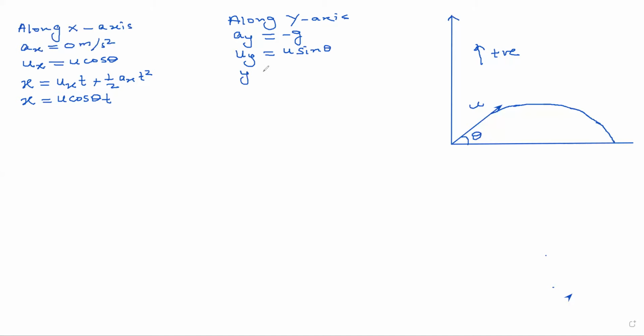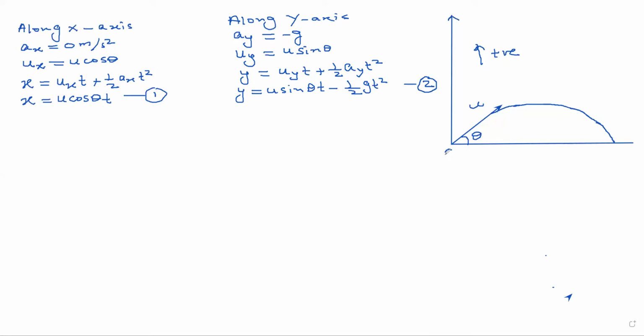Next, y is equal to uyt plus half ayt square, so y is equal to u sine theta t minus half gt square. Let us take this as equation 1 and this one as equation 2.